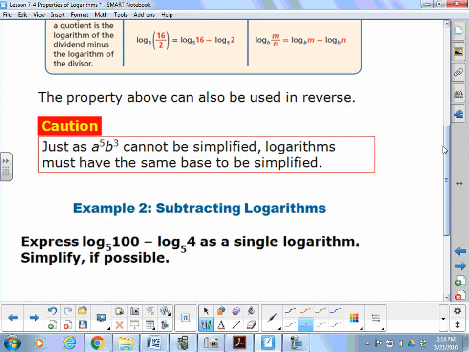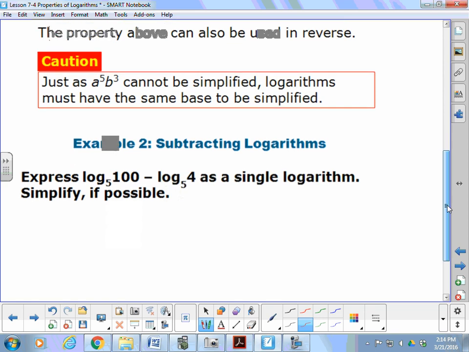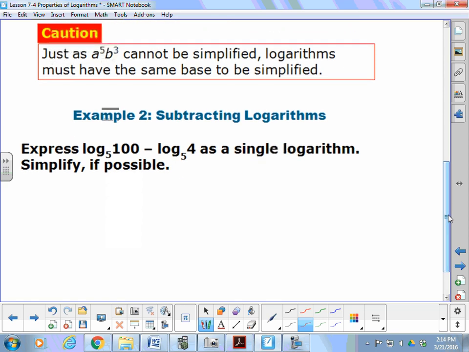Now it's okay to use your calculator to check these, but I don't want you using your calculator to do them. Okay? So since we are subtracting here, that means that we will divide these two numbers within the logarithm. So we have the log base 5 of 100 divided by 4. And lots of times you shouldn't even need your calculator.